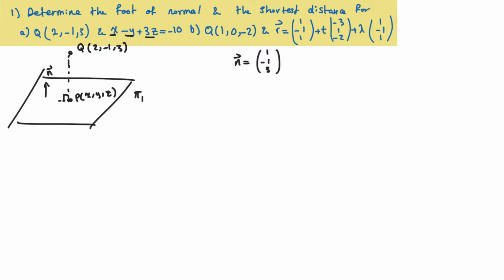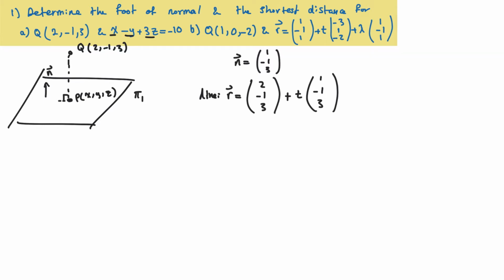Once we have this, we can write an equation of the line through points Q and P. We have a point and a direction vector, so the line has the equation r equals the point Q, (2, -1, 3), plus our direction, (1, -1, 3), times some parameter. In this case, we're going to use the letter t.